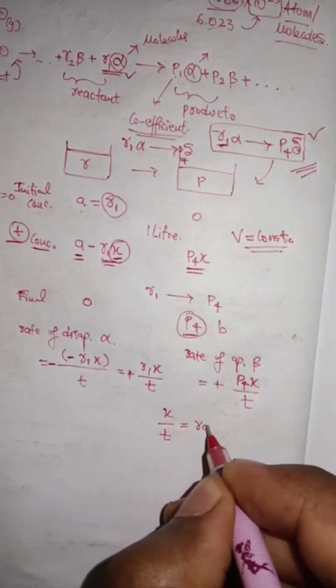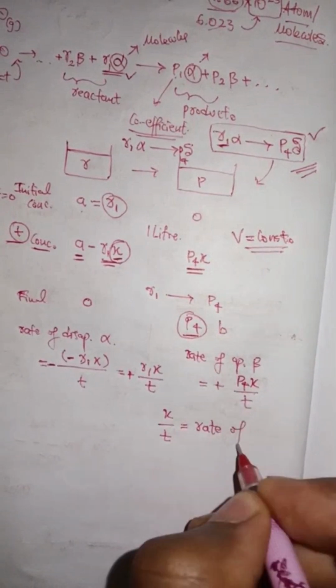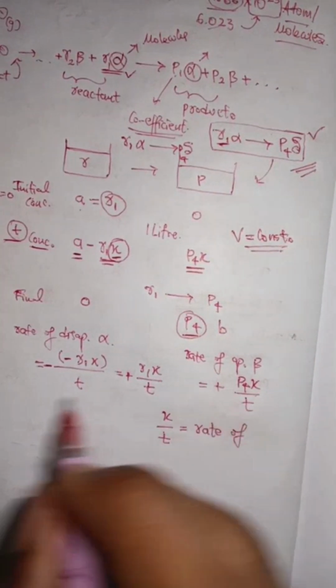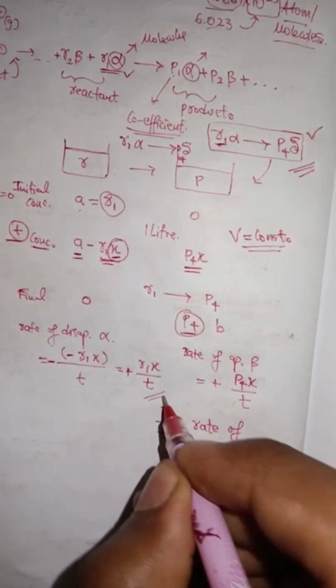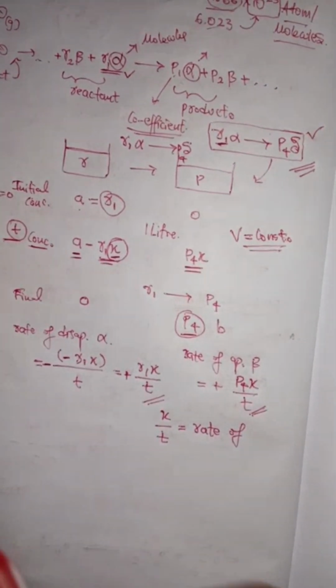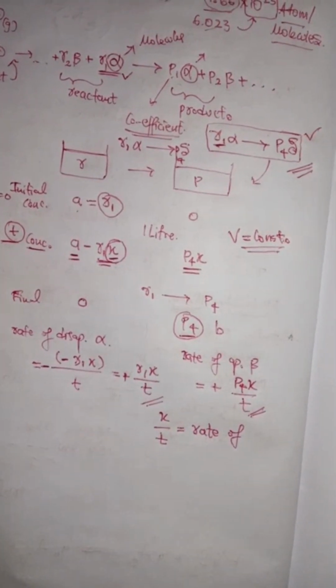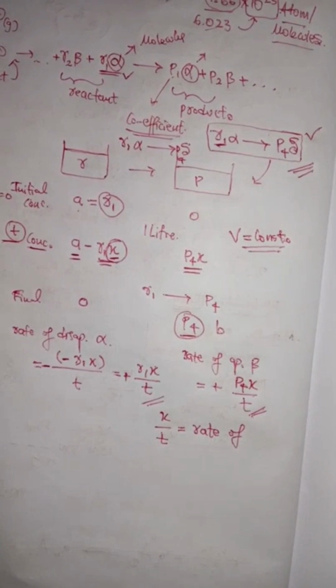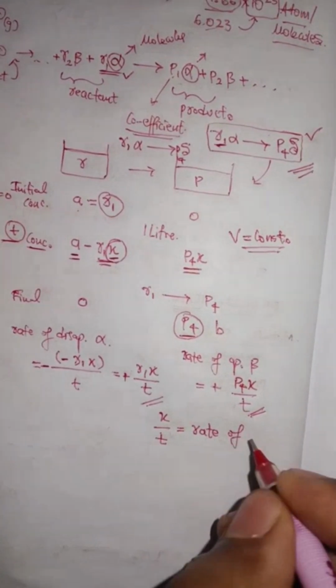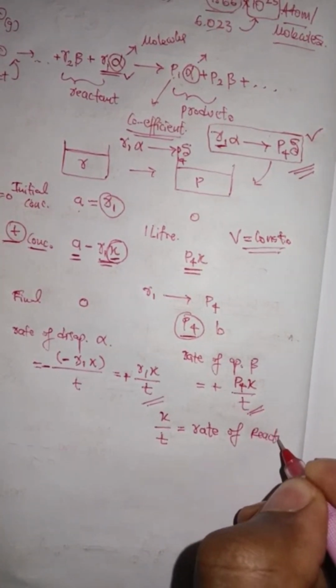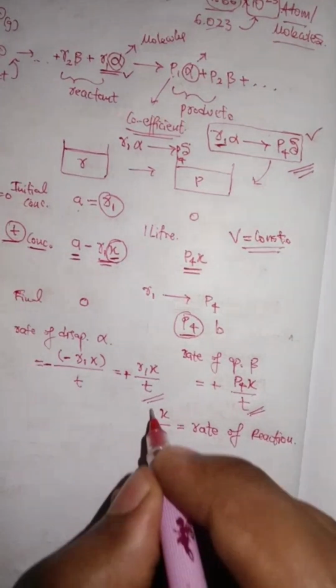This is considered the rate of this reaction, because the rate of appearance and disappearance can be different for each molecule, but overall for this reaction, the rate of reaction is x divided by t.